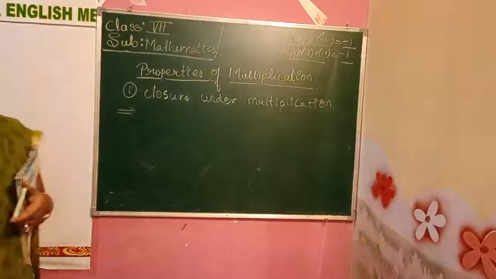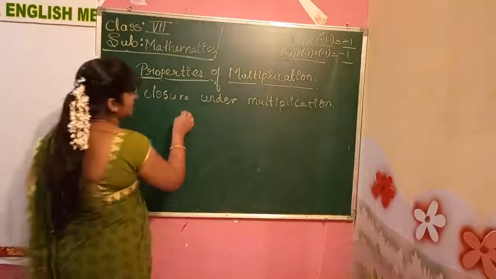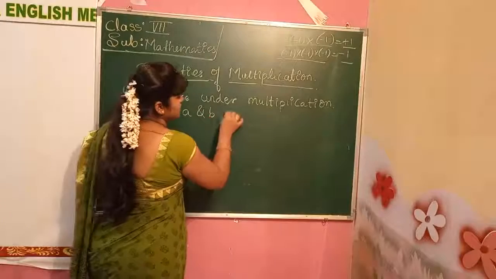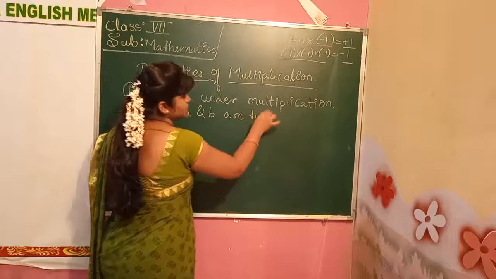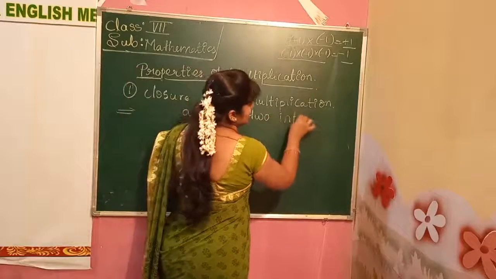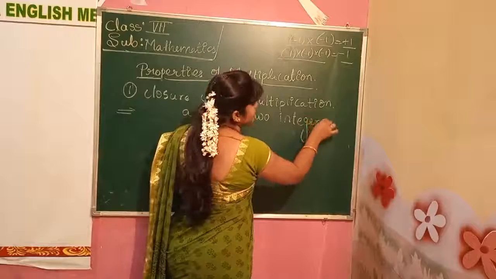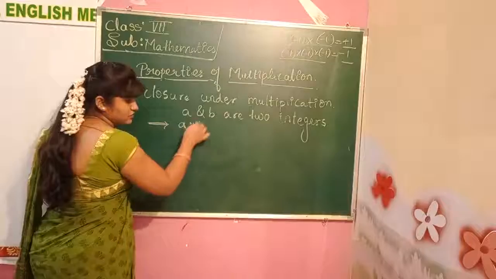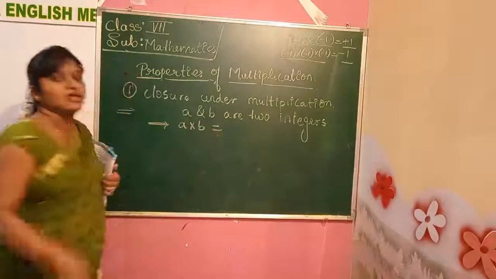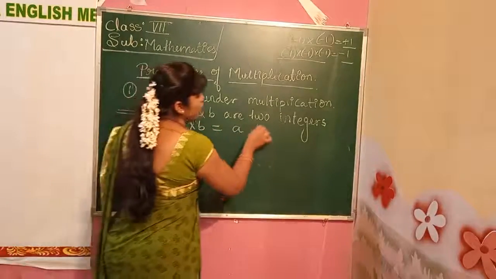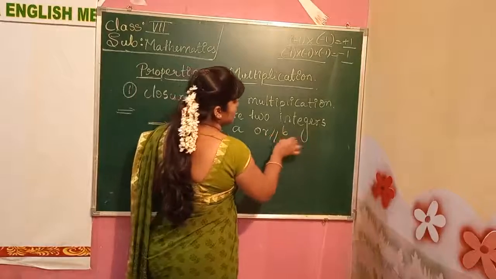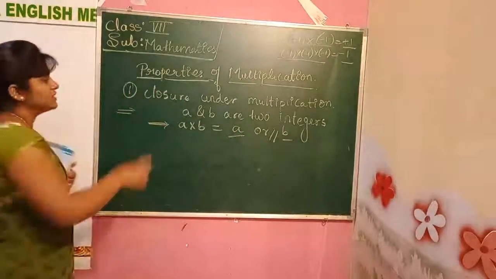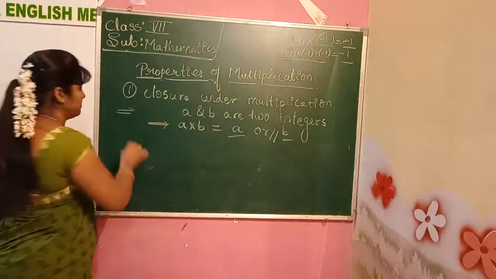Take A and B as two integers. When we multiply these two integers, we get an integer, because A and B are integers. This is the closure property of multiplication.